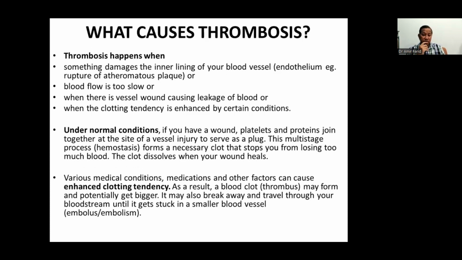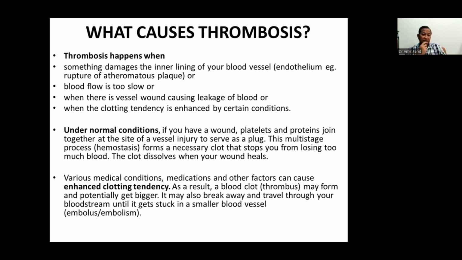What causes thrombosis? Thrombosis happens when something damages the inner lining of your blood vessel, that is the endothelium, and we've had this in the last discussion. Thrombosis can also happen when there's a rupture of the atheromatous plaque, as mentioned in the previous talk.